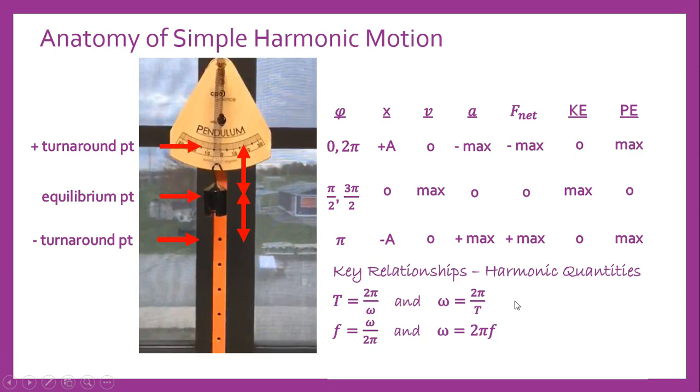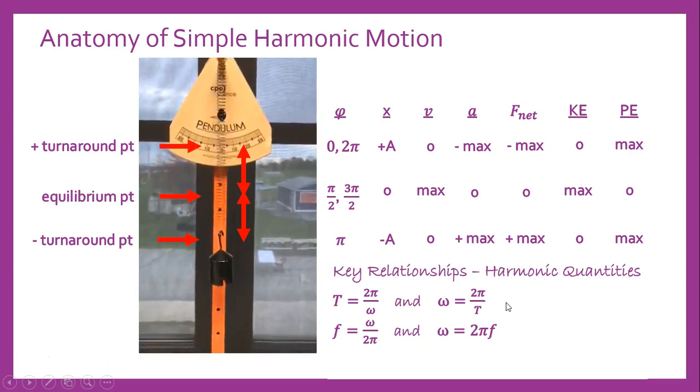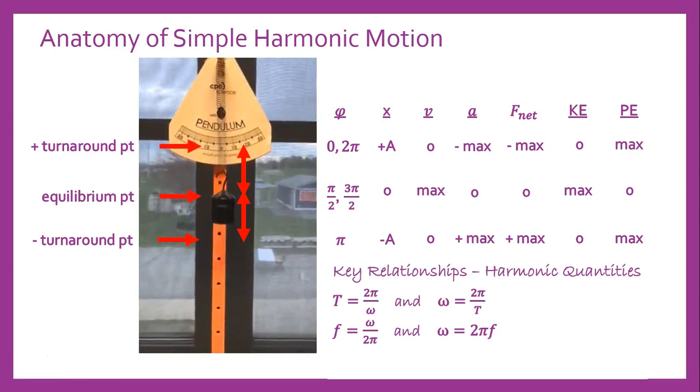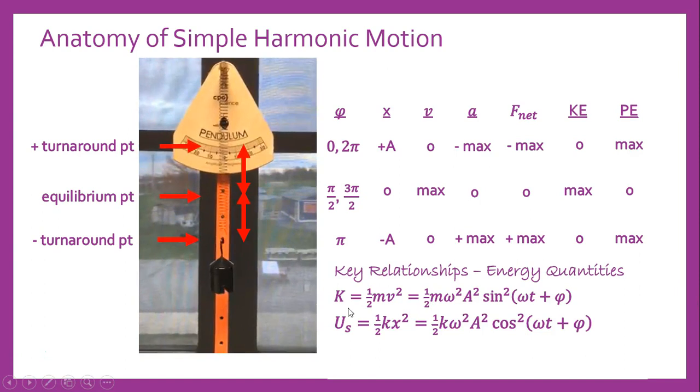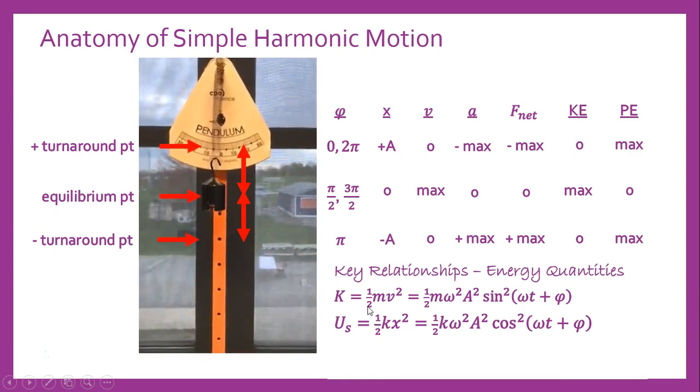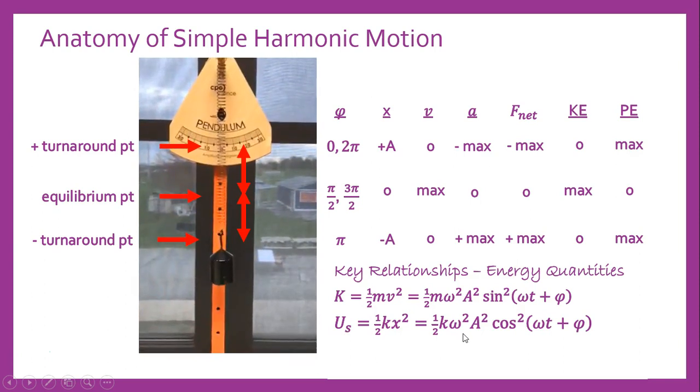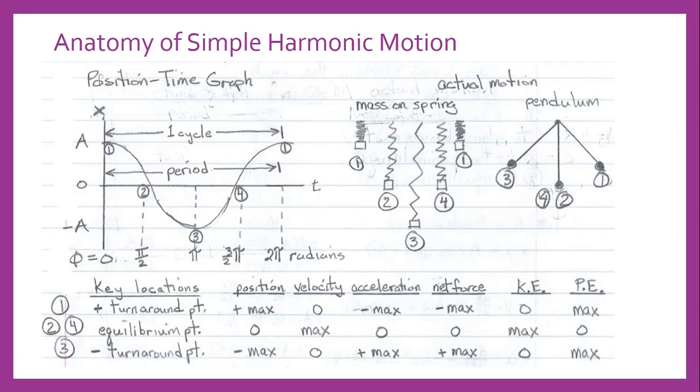Here are the harmonic quantities and the relationships tying period, angular frequency, and frequency to each other. And let's look at our energy quantities. We can see the expression for kinetic energy and the expression for the elastic potential energy. We saw firsthand the motion of the mass hanging on the spring.